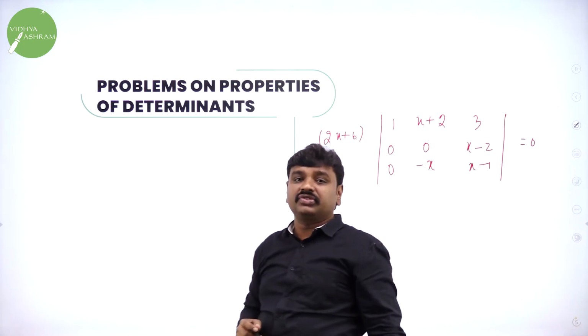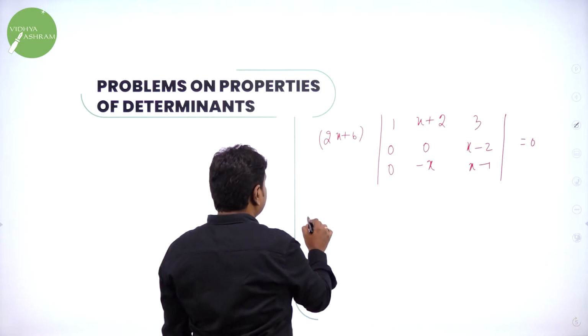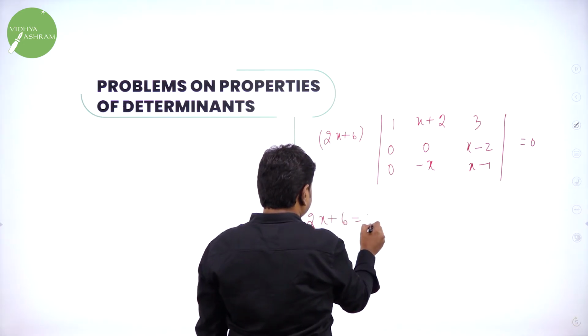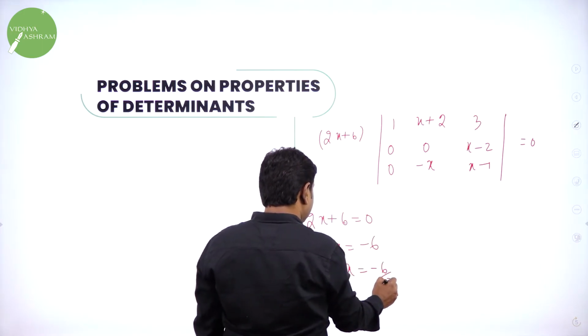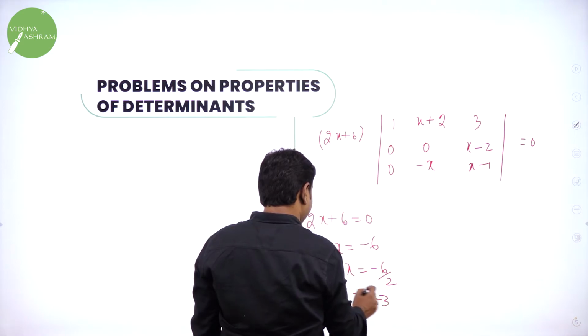If the product of two terms is 0, then each term is 0, equate it. So 2x plus 6 is 0, 2x is minus 6, or x is minus 6 by 2. One of the values of x is minus 3.